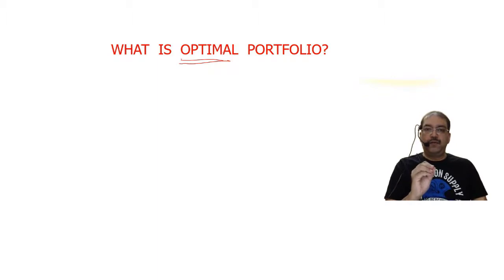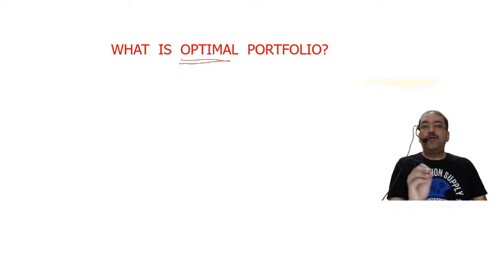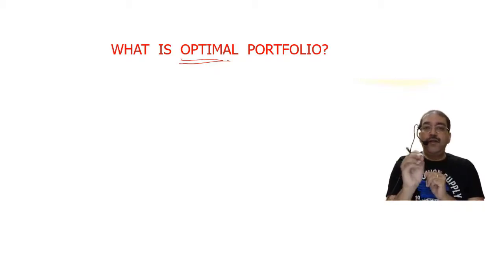Or I tell you that I want 12% returns from my investment. Now you decide where you want to invest and what you want to invest in. But I want 12% returns. So I give you the level of returns. For the given level of returns, if you design a portfolio for me which gives minimum risk, or given the level of risk, a portfolio which gives me maximum returns, that is called an optimal portfolio.